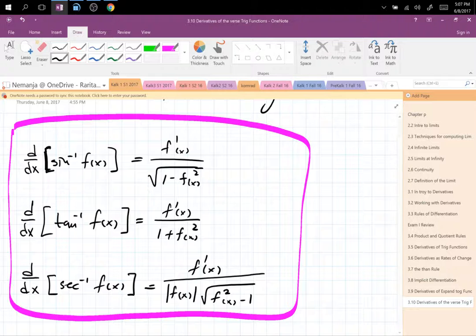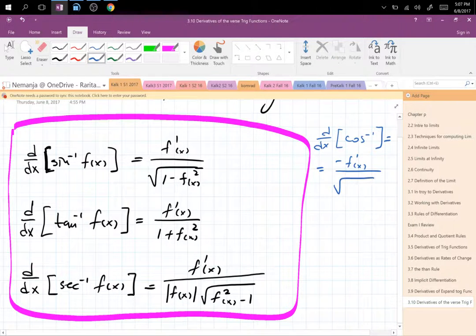So if you want to write the other ones, then derivative of inverse cosine is going to be given as negative f prime of x divided by the square root of 1 minus f squared of x. So what you're doing is you're just going to copy the same derivatives and put negative in front of those.